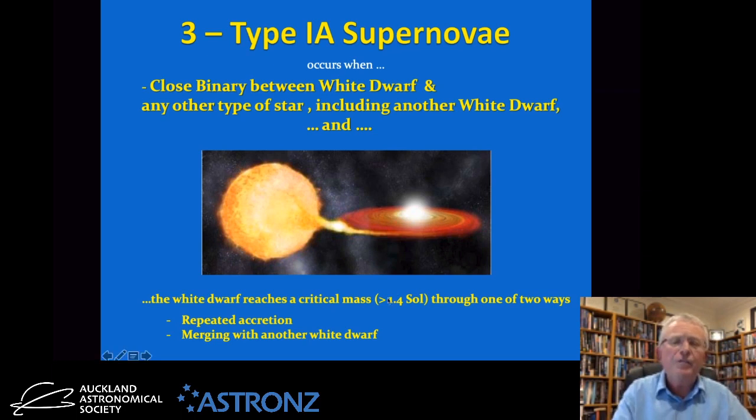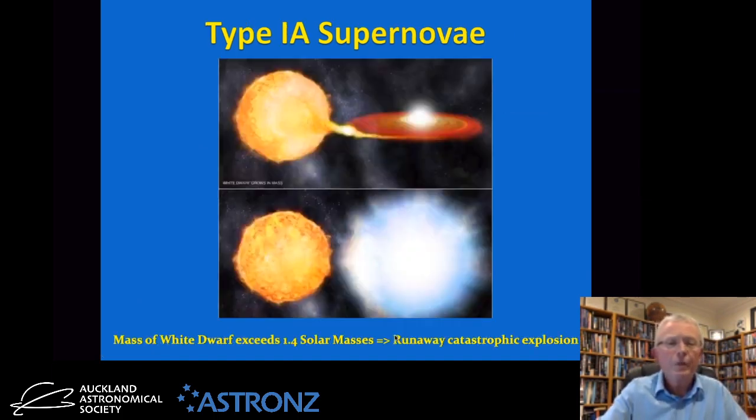The other way it can reach that critical mass is if it merges with another white dwarf, in which case you've got a very sudden scenario of that critical mass being reached. So there's two ways it can do it. And the explosion is very, very bright, and it's called a 1A supernova.